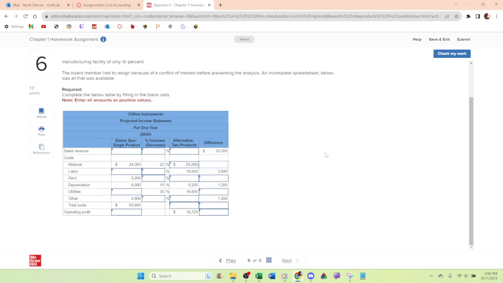So the difference minus 5,280. This one is 16 divided by 1.3, 12,800. And this one equals 16,640 is 3,840.